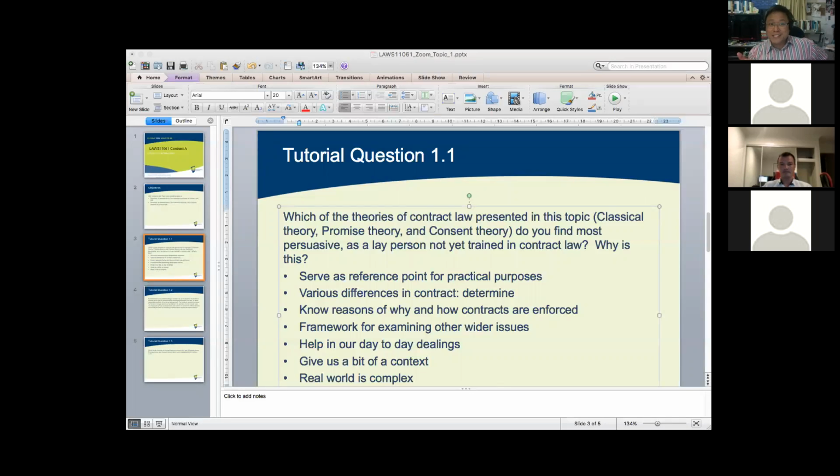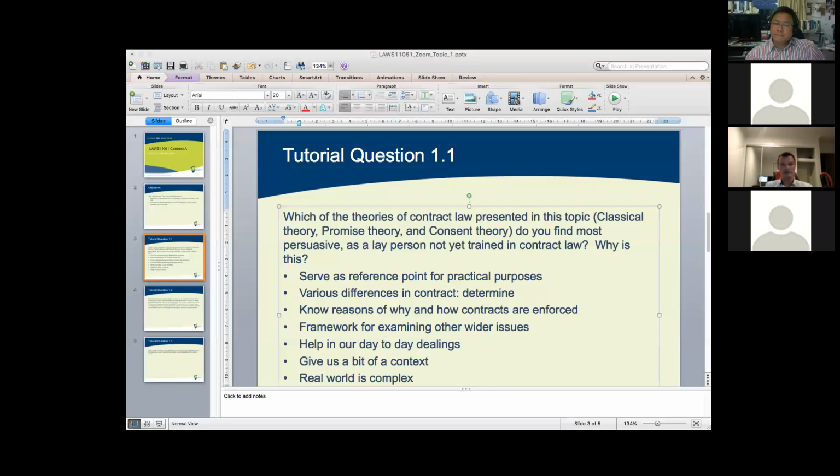Did anyone actually say that promise theory is the more persuasive among the three theories of contract law that we have started to discuss? Or at least could somebody explain what the promise theory is all about?